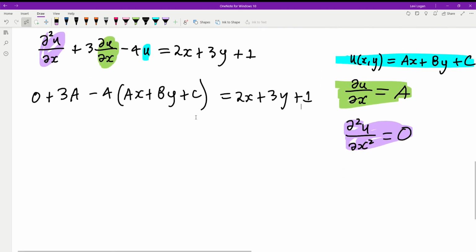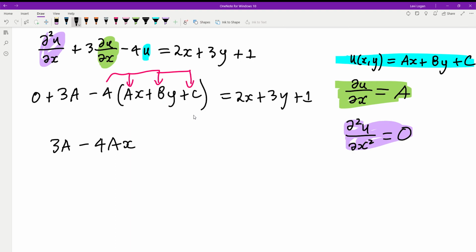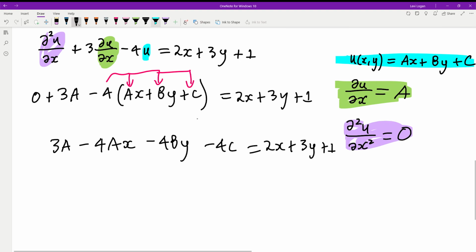Now we can equate the coefficients. If we multiply this stuff out, we get 3a minus 4ax minus 4by minus 4c equals 2x plus 3y plus 1. Because we're equating coefficients, I will move some stuff around so we can see it a bit better.